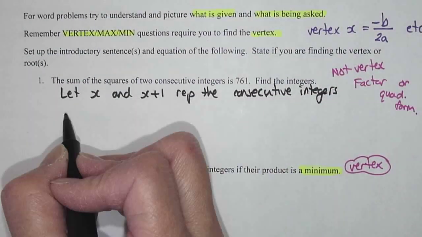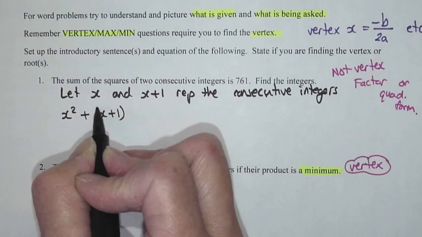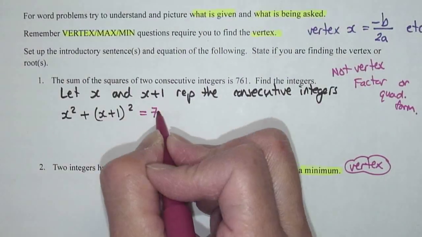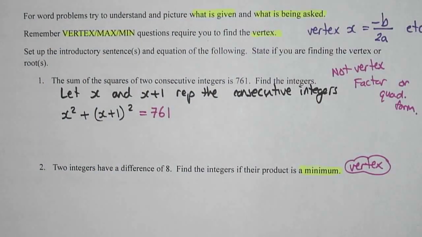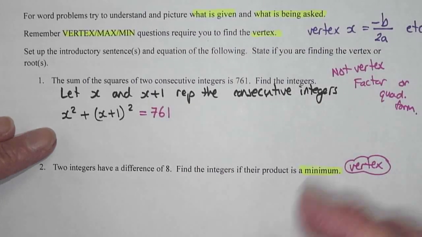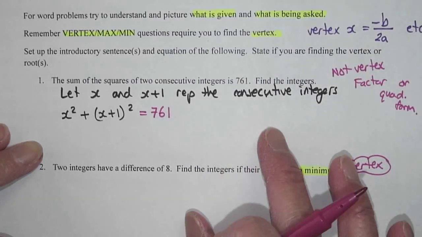Then we want the sum of the squares, and it is 761, it actually equals it. There's nothing missing. So that's why I would use factoring, bring it over to 0 and just solve for the x's. No vertex on this one.